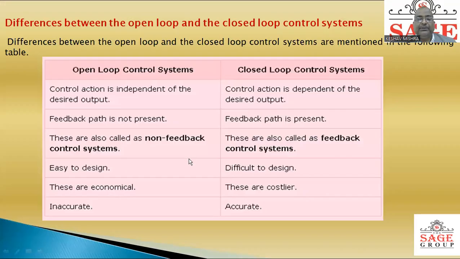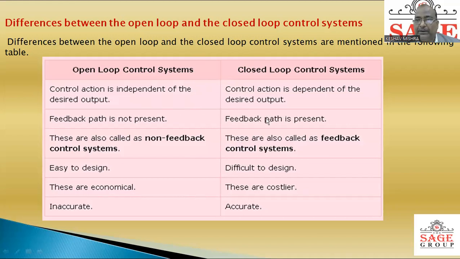So this is the comparison of open loop and closed loop control systems. Sometimes in examinations this question is asked: compare open loop and closed loop systems. So I have presented a table here to compare both systems. The points we have already covered. A feedback path is not available in the open loop control system.